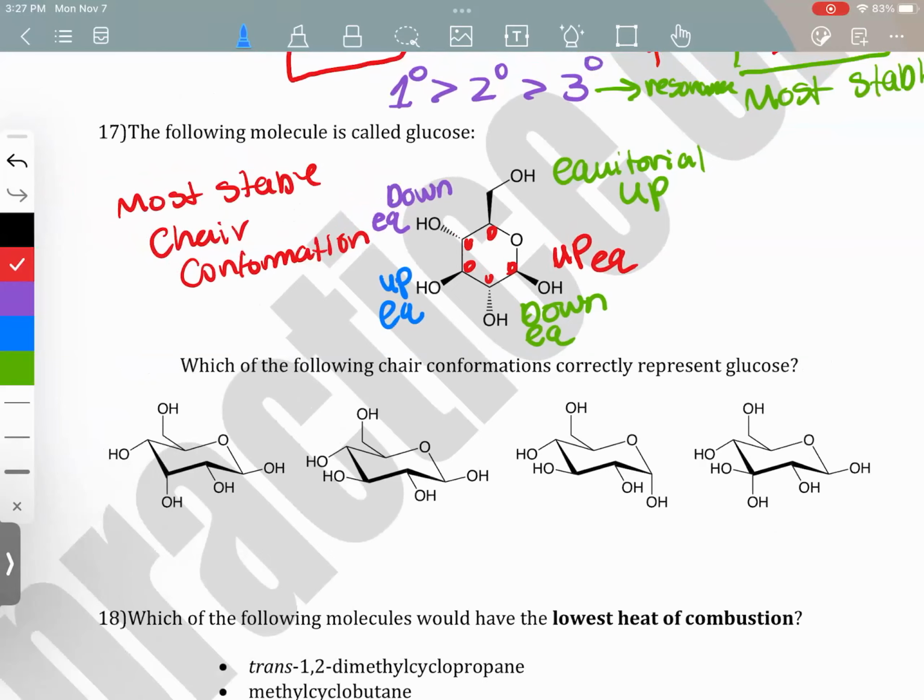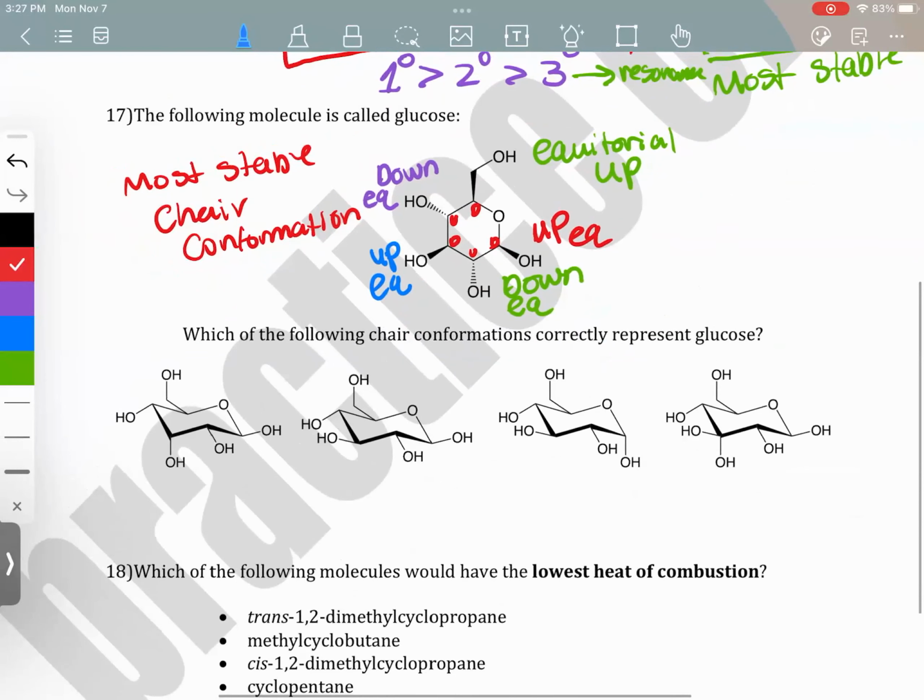So which of these chair conformations best represents what we came up with? It's not the third one. Definitely not that one, because we do see an axial OH, which is wrong.